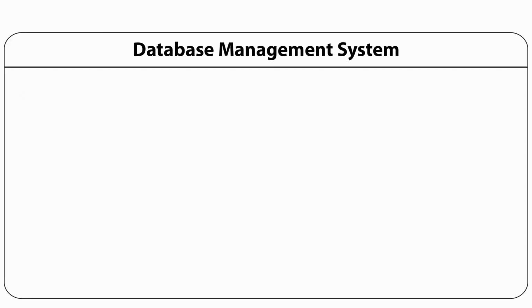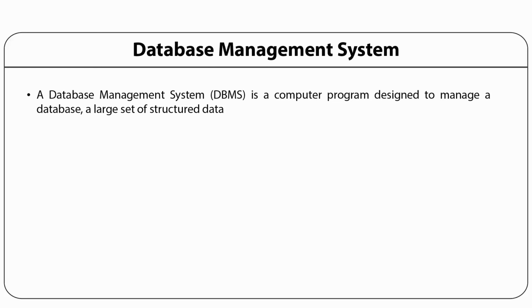Now let us see what is a database management system. Database management system is actually an application software which we use in our computer. A database management system, if you see, it is a computer program which is designed to manage your data in the computer.